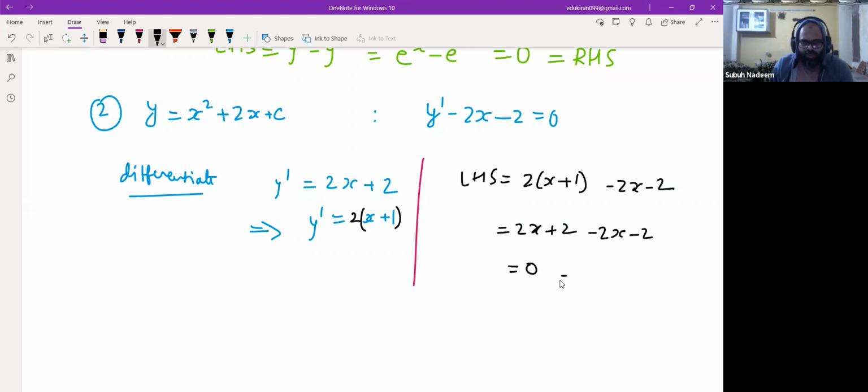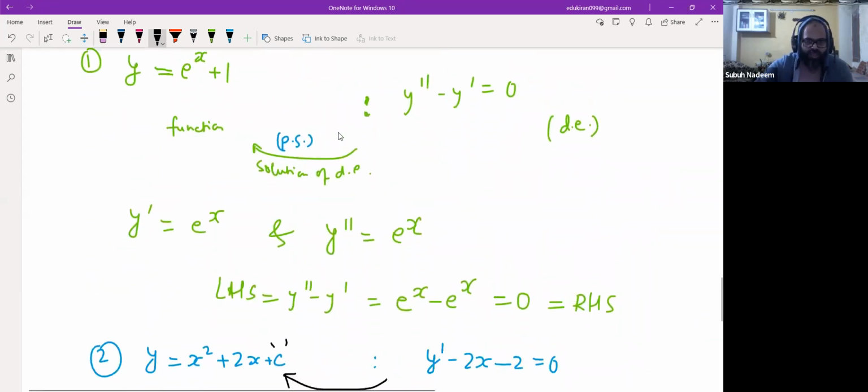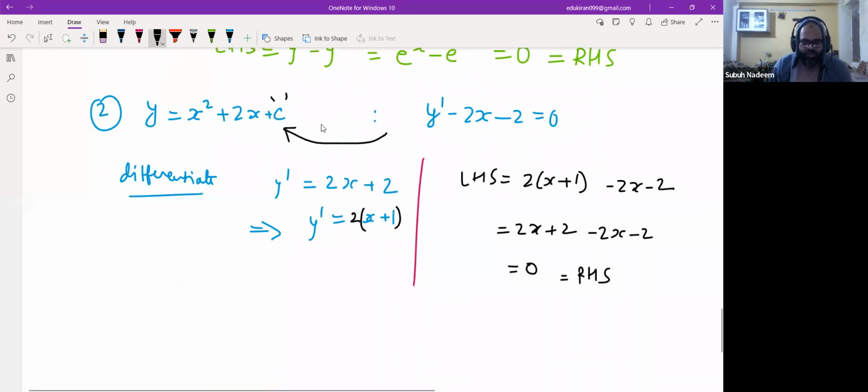So this is the right hand side, which means this is a general solution. Why is it a general solution? Because there is a constant of integration c. In the above one, there was no c. It was all given constant values. Here it is a constant. This is called the general solution of a differential equation.